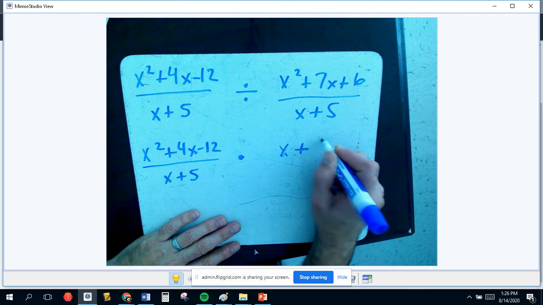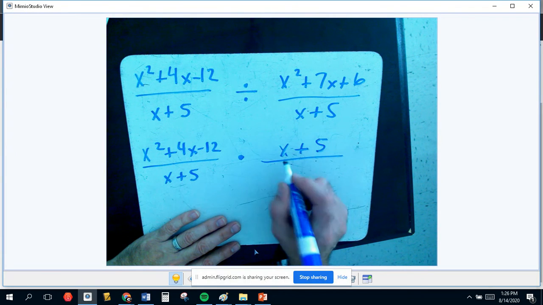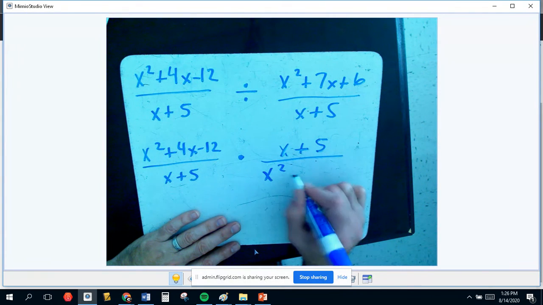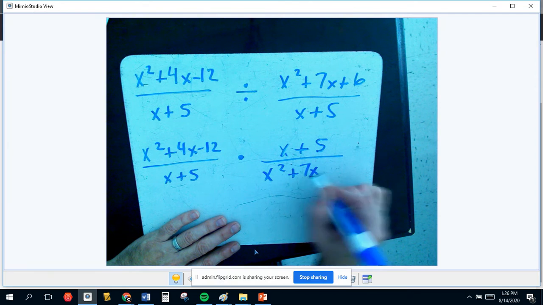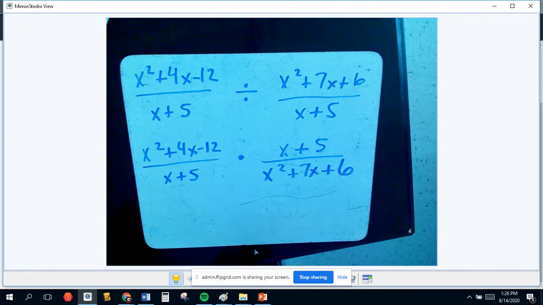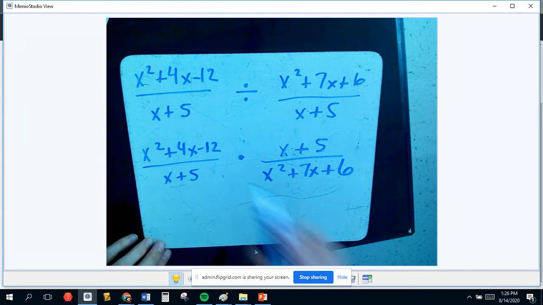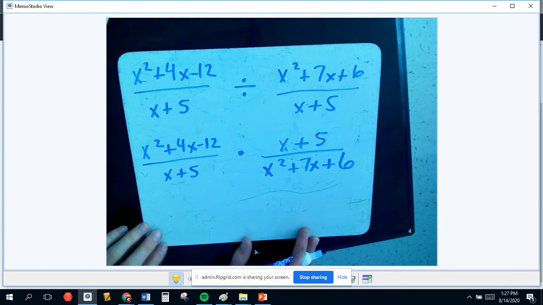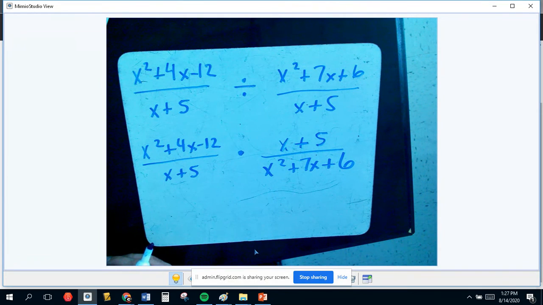Flipping it is making it its multiplicative inverse, which just means that we are finding the opposite within multiplication. And of course, the opposite within multiplication is division. So keep, change, flip. And now it looks just like the previous problem.